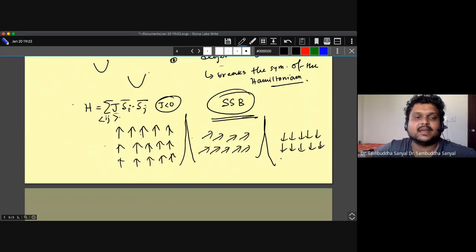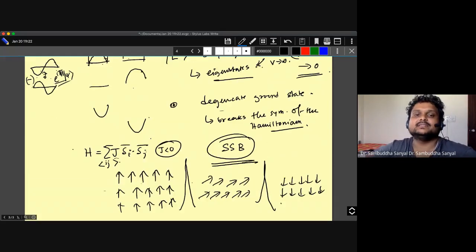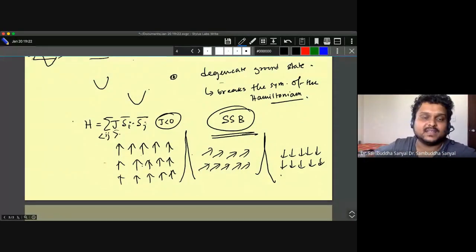So this system has a large number of degenerate ground states. But when you look at one system, all the spins are oriented in a particular direction, which means it is falling in one of these ground states and breaking the symmetry spontaneously. So the Hamiltonian has the symmetry, but the ground state doesn't.